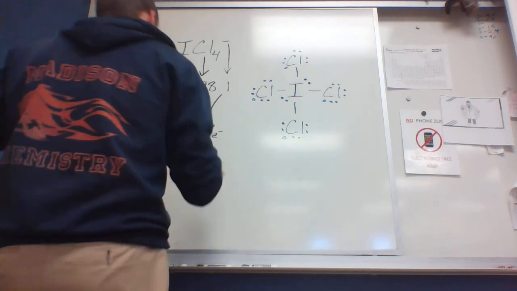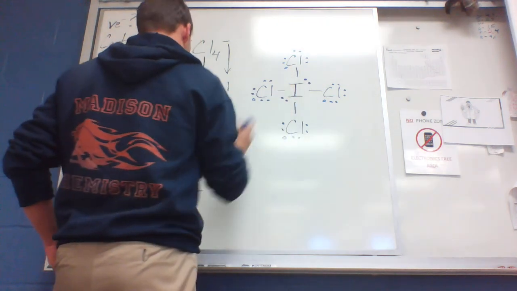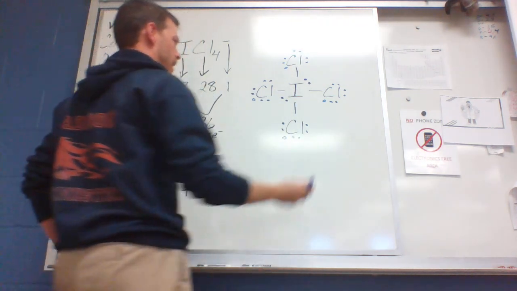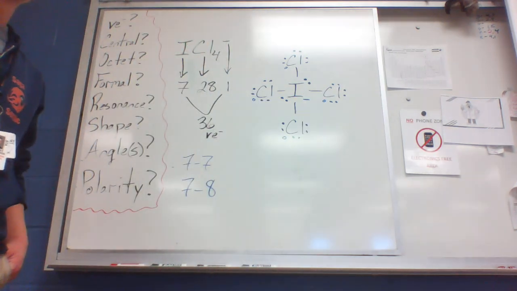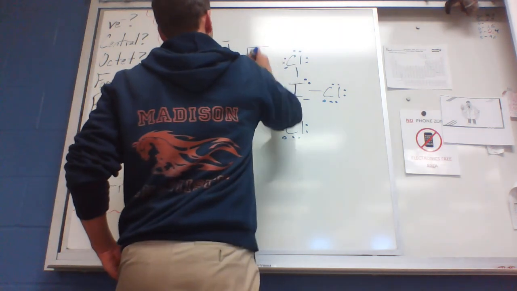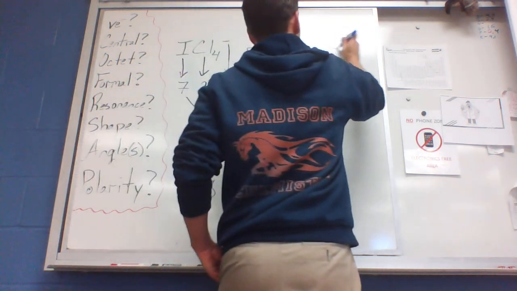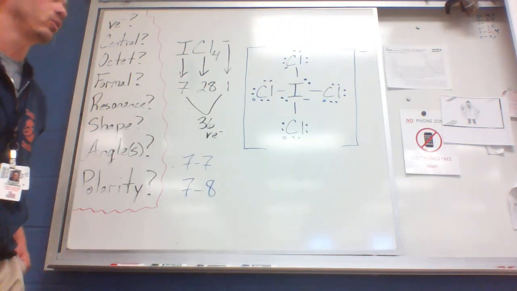Iodine is sitting here at 7 minus 1, 2, 3, 4, 5, 6, 7, 8. All right, so he's sitting here at a negative. And that negative, of course, could have been predicted because we knew when we started that this was a negative molecule.